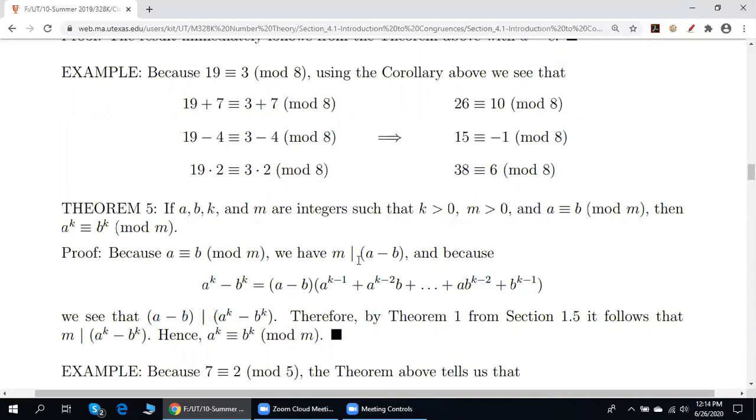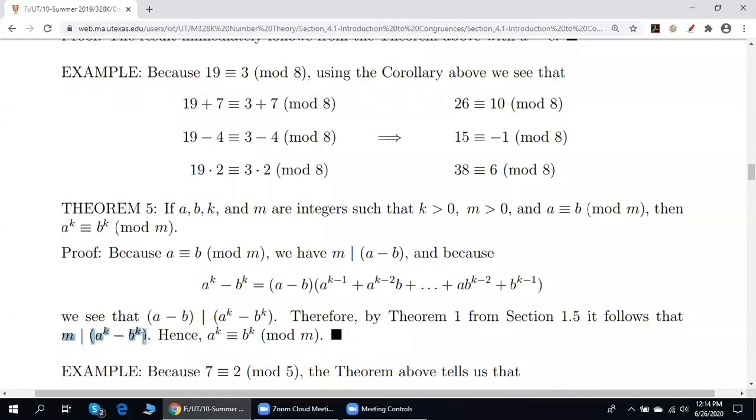And now let us put pieces together. M divides A minus B. A minus B divides A to k's power minus B to k's power. Therefore, by transitivity, M divides A to k's power minus B to k's power.